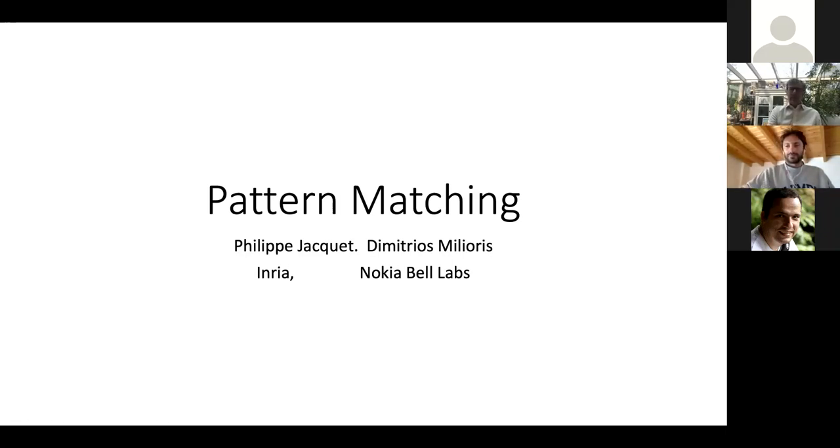So the talk will be in 3 parts, in fact. One part will present the fundamentals about pattern matching, the Markovian model around pattern matching. And the second part will be an illustration, entertaining illustration of pattern matching and Markovian text generation by Dimitrios.